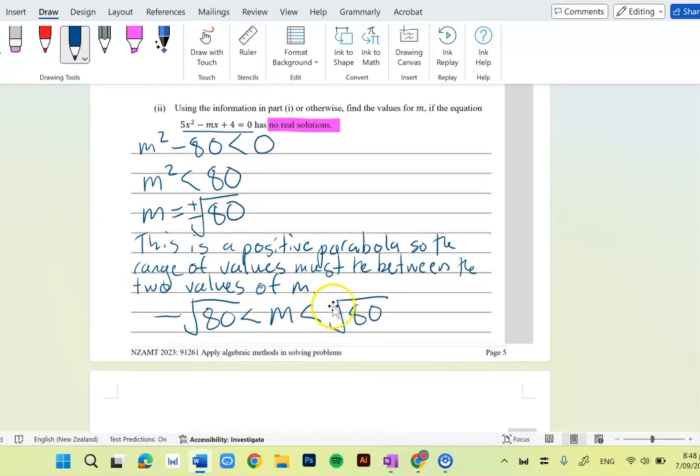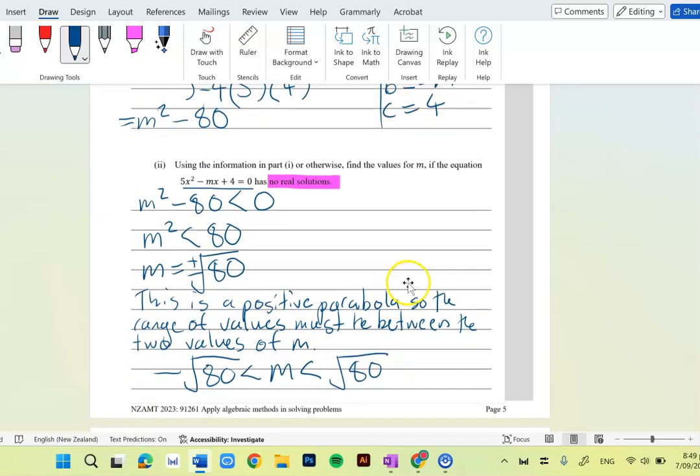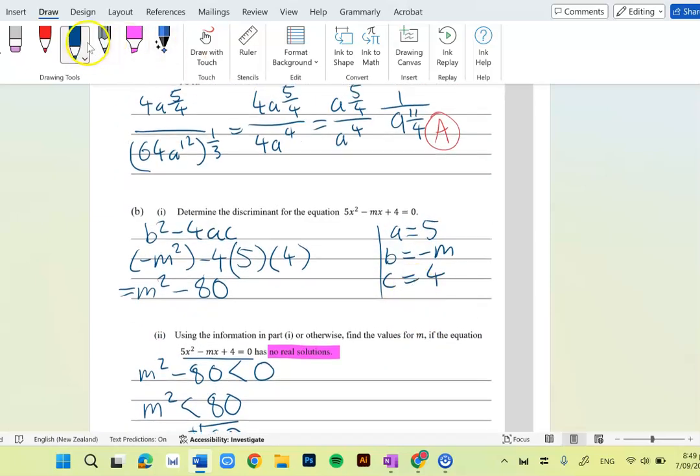So that's question B. Now you actually get quite a lot of marks for this question. If you are able to have the correct expression for the discriminant, i.e. this b squared minus 4ac part, that would just be an achieve. Very easy.